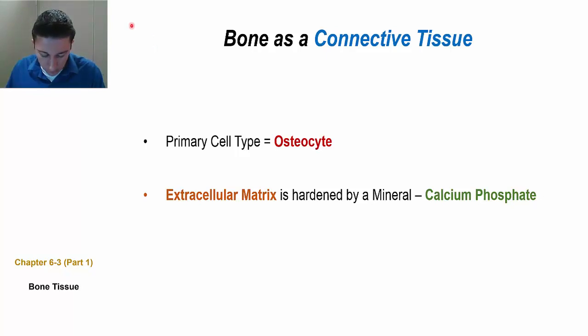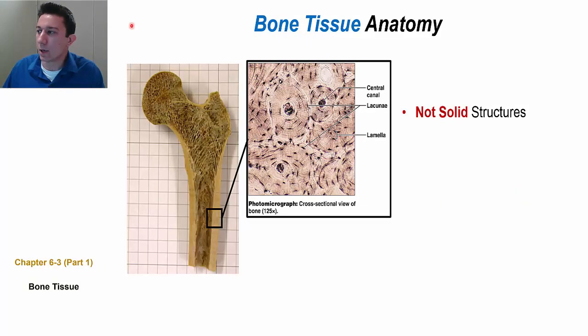So in looking at the anatomy of bone tissue, that is, looking at the internal structure of what's going on inside of bone tissue, bones are really quite anatomically complex on the inside. If you look deep inside of them, they're not solid structures.